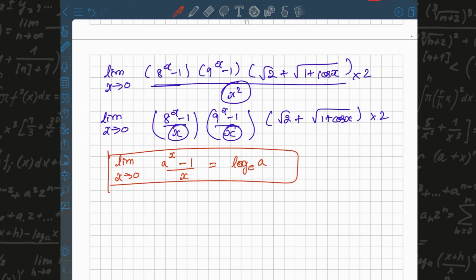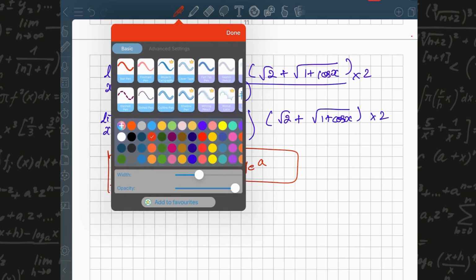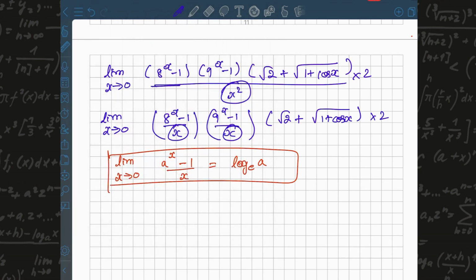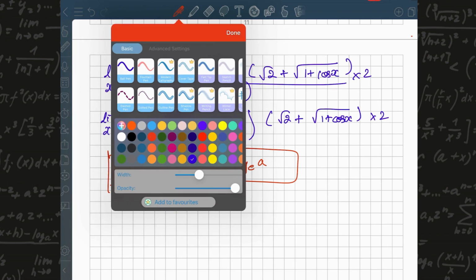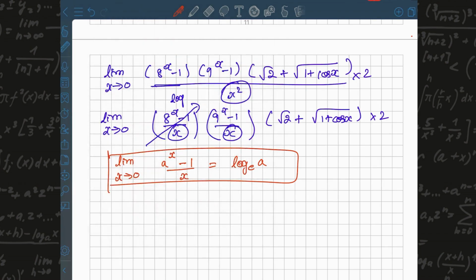If you apply this formula, this one will become log base e 8, and then this will become log base e 9, right?